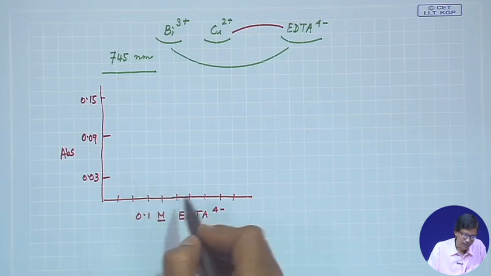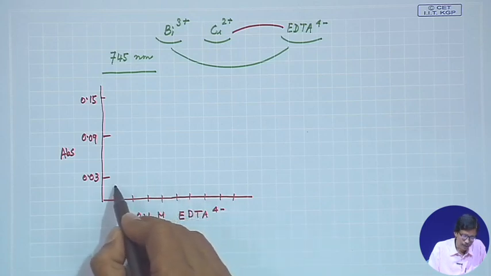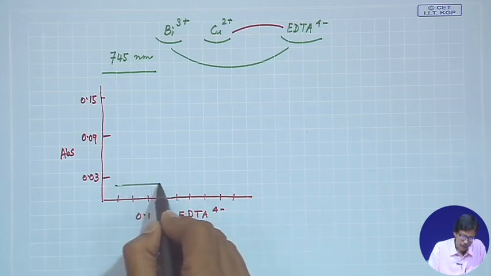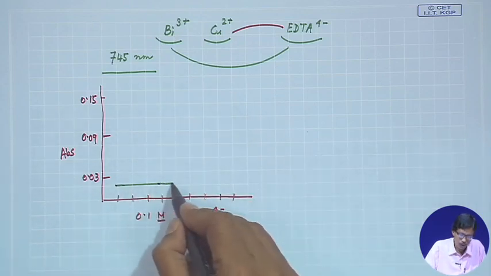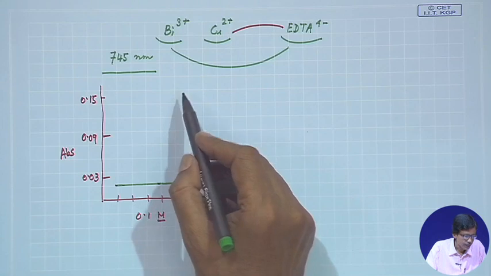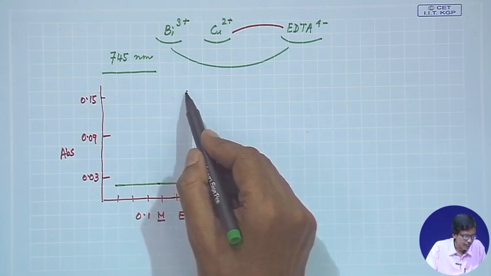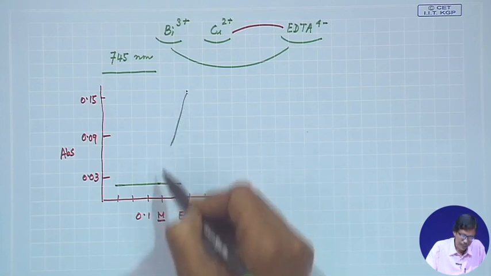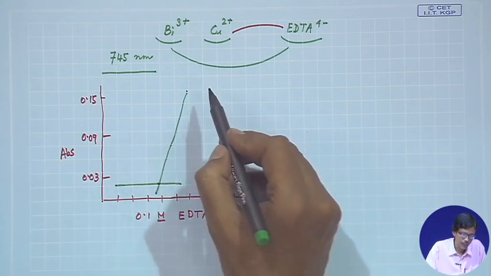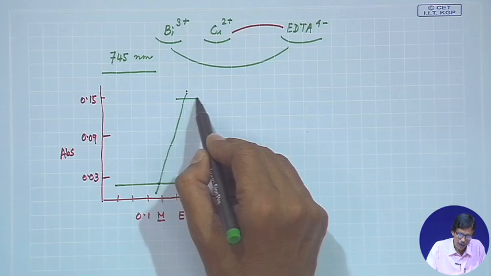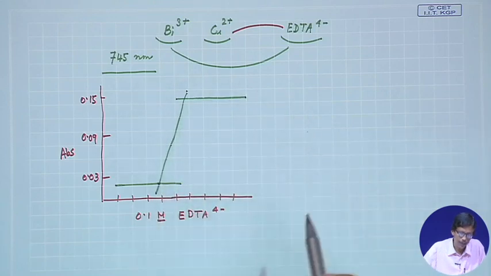So, what happens in this particular case is that you have a straight line part from this point up to this point, then there is an increase in the absorbance, which cuts over here, and after this point we again have an almost horizontal line.